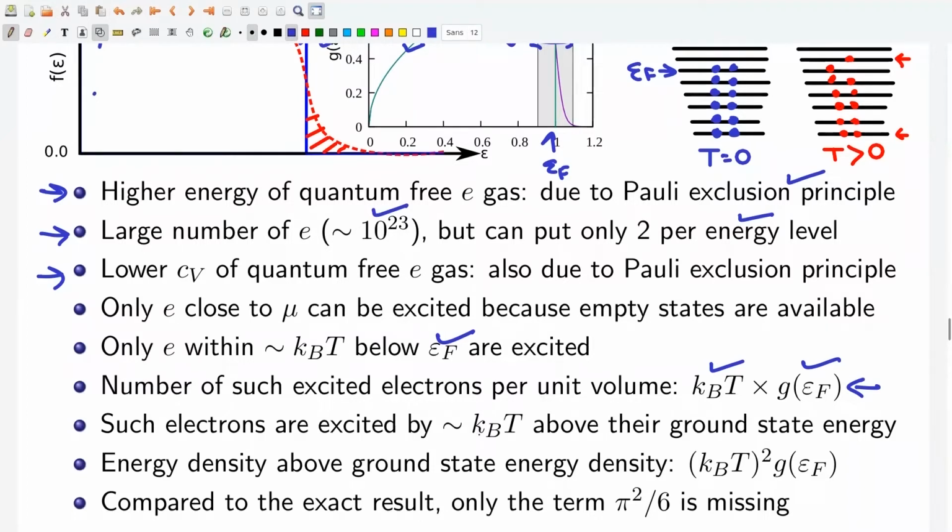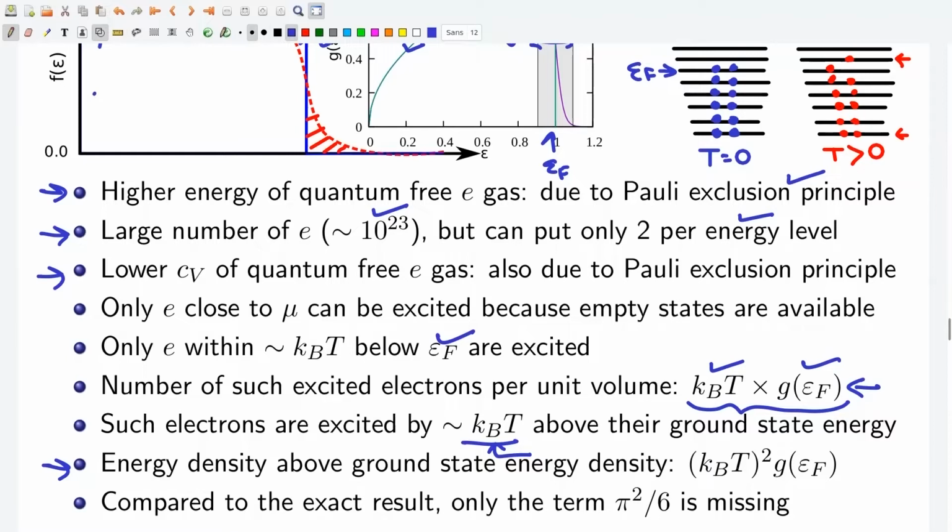Now, what is the amount of excess energy that these electrons are having? Since the energy at some temperature we can just write as kBT, this is the amount of excess energy that these many electrons are having at finite temperature. So if we want to calculate the excess energy or the energy density above the ground state energy, this is the number of electrons which has been excited, and this is the excess energy that those electrons are having.